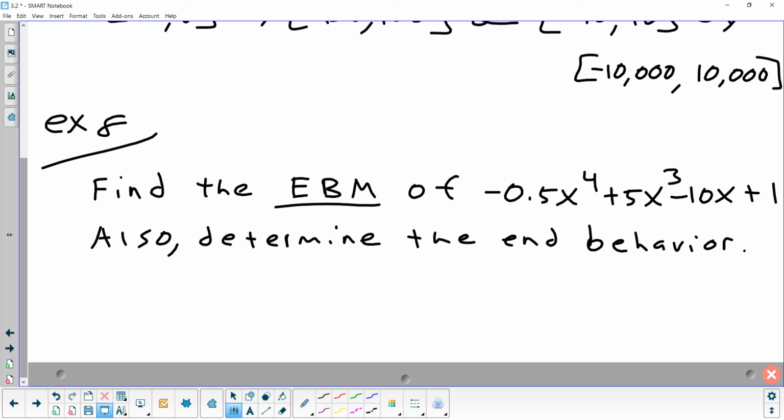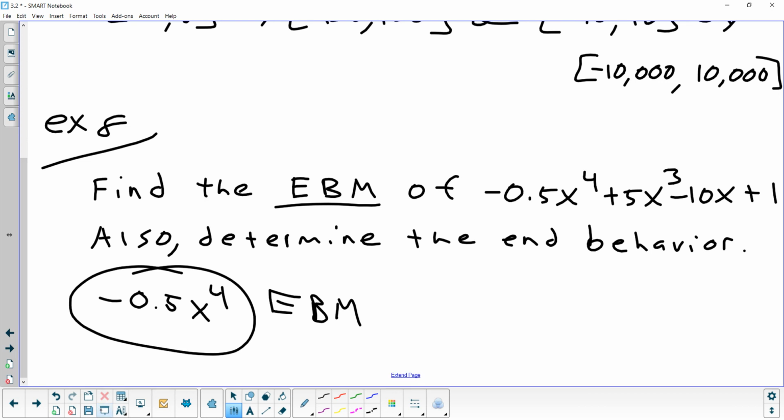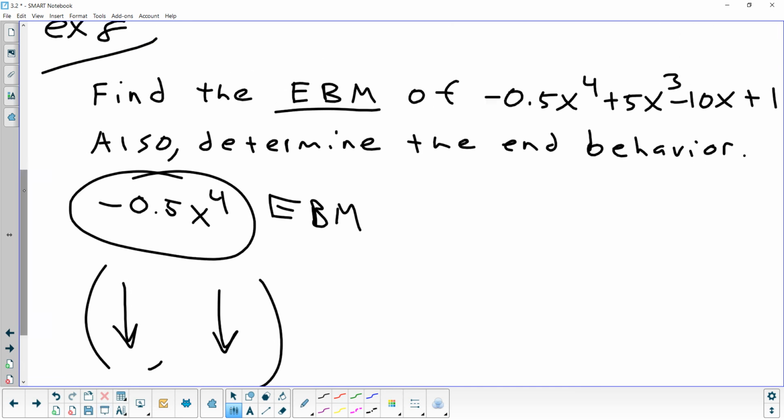Yep. Negative 0.5 x to the fourth. Negative 0.5 x to the fourth. That's the EBM. Now, describe that and tell me what's going to happen. And what did you say? Yep, that is going to be down and down. Down, down. Any question on how we figure out what's down, down, or why that's the EBM?